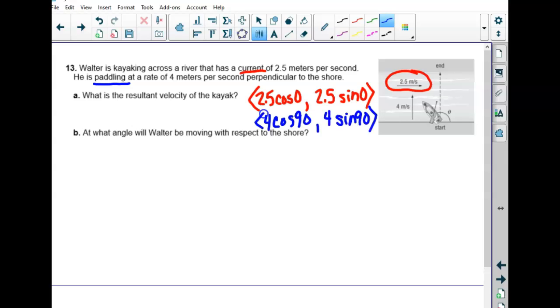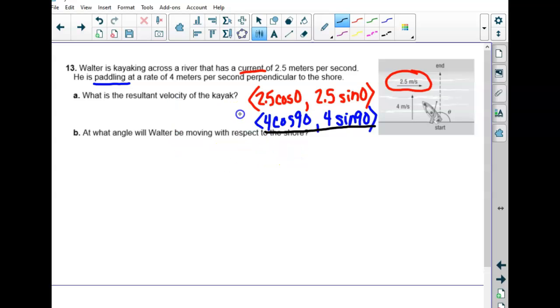Now, is he going to wind up straight across if the current is pushing him downriver? No. So we want to find out what's actually happening to him. So we're going to add these, and that's going to give us the resultant components, but then we have to find the resulting velocity and angle.